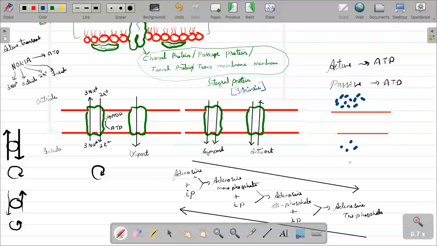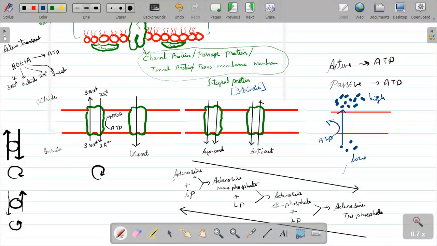Here we have low concentration of molecules, and here we have high concentration of molecules. If molecules are moving from lower concentration to higher concentration, for this process we require energy in the form of ATP.